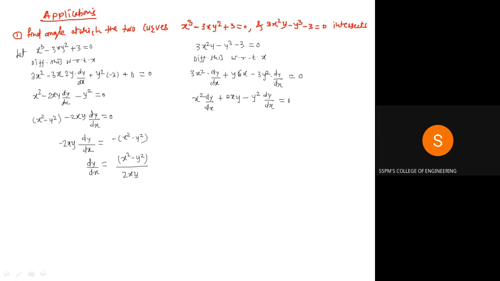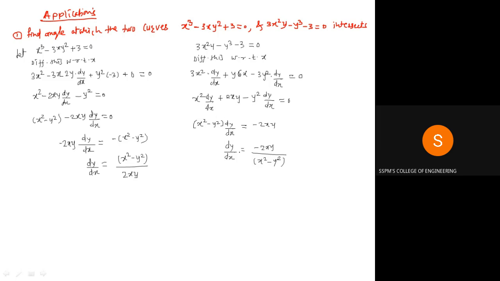Okay, so dy by dx is common to the first and last term. So x square minus y square into dy by dx is equals to, shifting the term to the right side, minus 2xy. And what is dy by dx? dy by dx is minus 2xy upon x square minus y square.